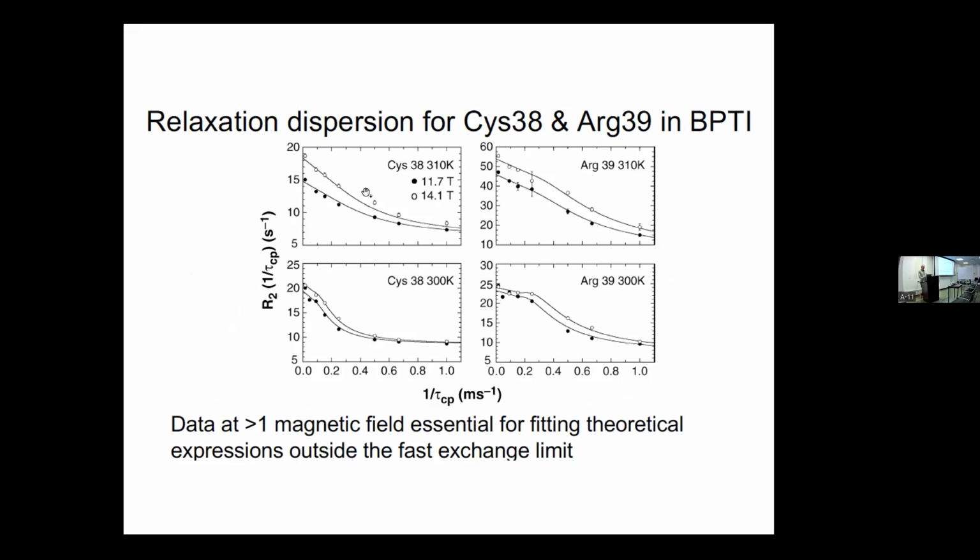That's kind of true here, not true here, definitely not true here and here. In slow exchange, the exchange broadening is independent of the field. It's just the jump rate. So here, this looks like nearly field independence and therefore slow exchange. And here you're approaching fast exchange.